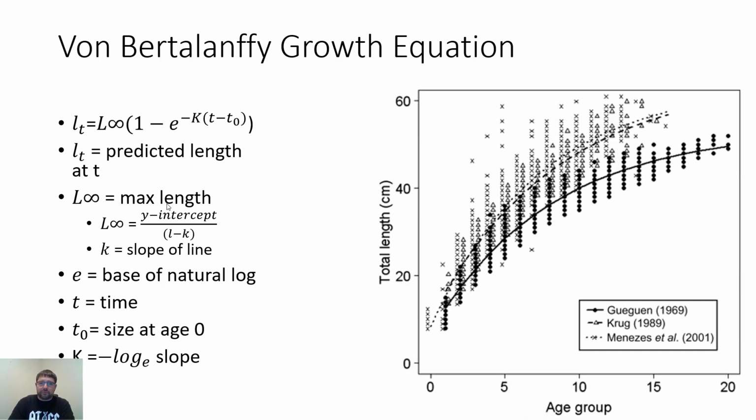So you use von Bertalanffy growth equations to get at what this organism looks like over its lifetime, what these patterns are. And if you've created a really good von Bertalanffy growth equation, you really don't have to age the fish anymore.